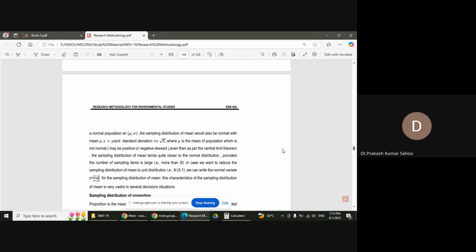Sampling distribution of the mean: for a normal population, mu is the mean and sigma is the standard deviation. Then the sampling distribution is normal with mean mu, that is, x-bar equal to mu, and standard deviation sigma divided by root over n.